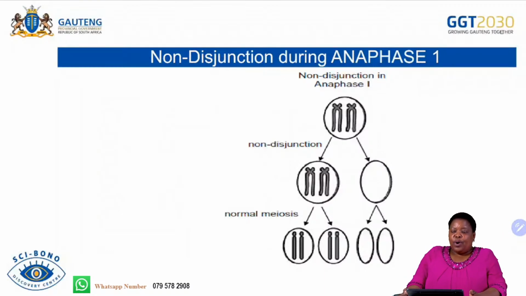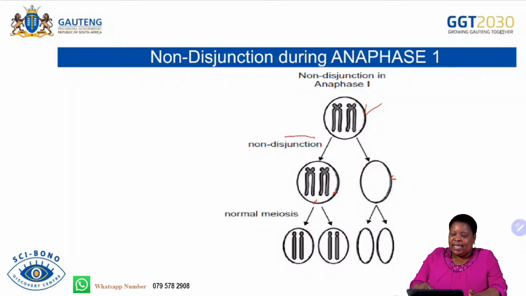Now, I have introduced non-disjunction of chromosomes that can take place in anaphase 1, or it can take place in anaphase 2. So, non-disjunction in anaphase 1. Let's check. The original cell has 2 chromosomes. The diploid cell should give rise to 2 haploid cells. In this one haploid cell, we've got how many? 2.